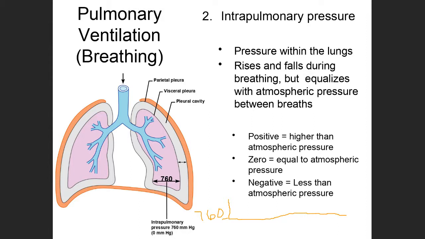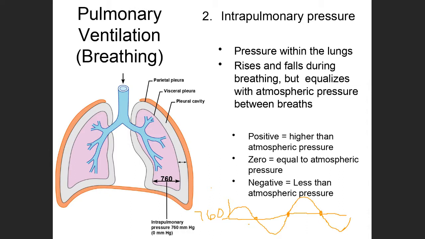When you're breathing, your lungs are doing this. Pressure in the lungs is going to become higher, then equalize with atmospheric pressure, then become lower than atmospheric pressure, then higher again, and then lower.